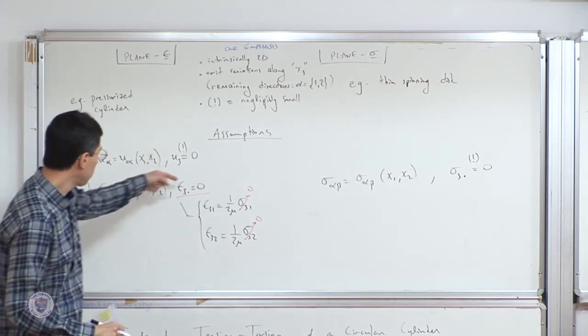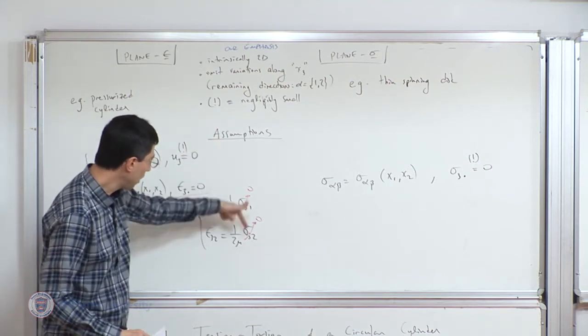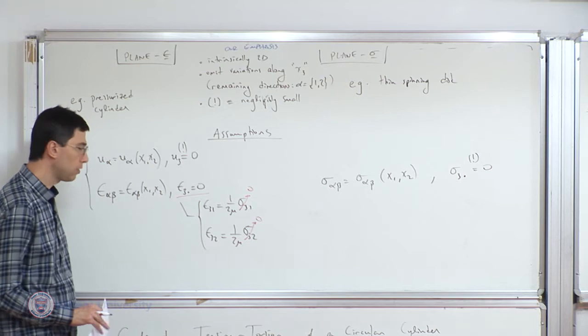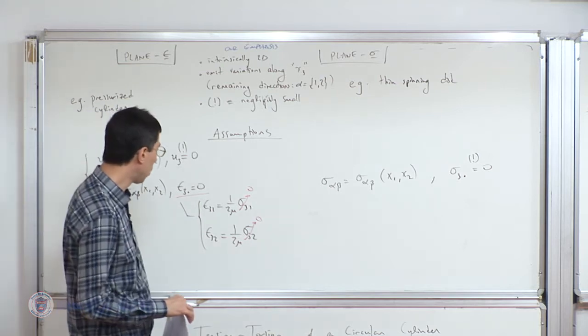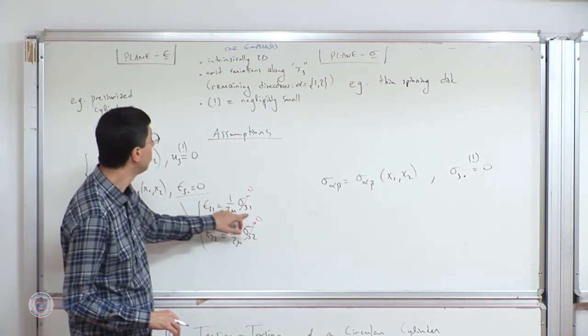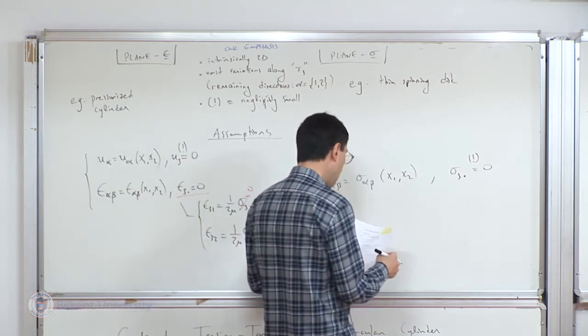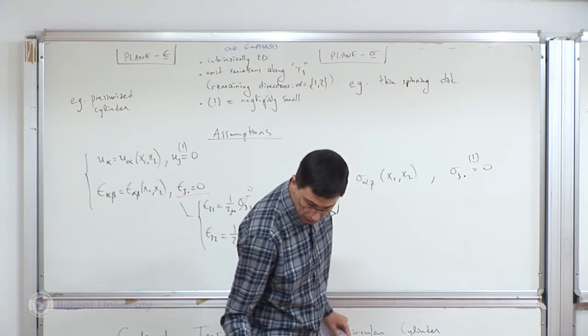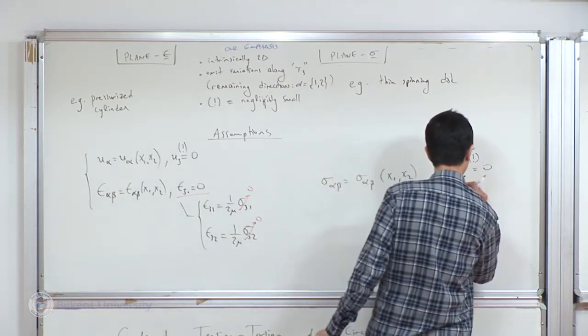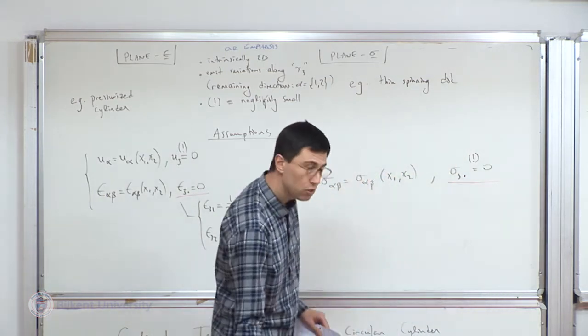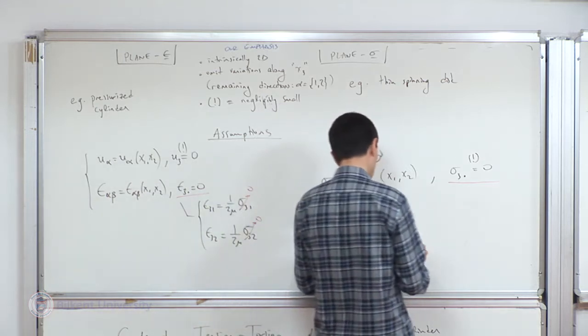So my assumption is regarding the strain, but at least for the shear strains that have to do with the third axis, the out-of-plane direction, the corresponding stresses are essentially also 0. On the other hand, if I look at the right-hand side, here my assumption concerns not the strain, but the stress.